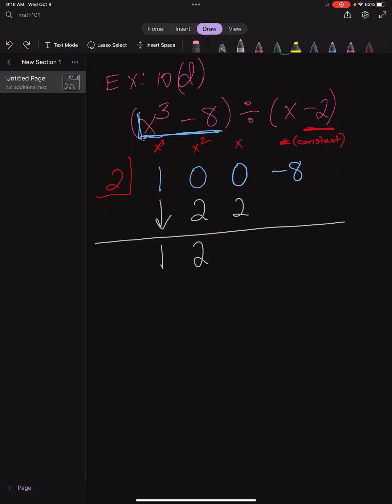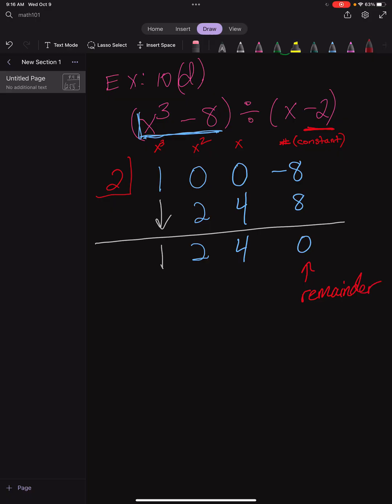Good morning to me. Let's revisit that. 2 times 1 is 2, add the column, you get 2. 2 times 2 is 4, add the column, you get 4. 2 times 4 is 8, add the column, you get 0. Good. I kind of like it when there's a remainder of 0, because then we don't have that fractional term.